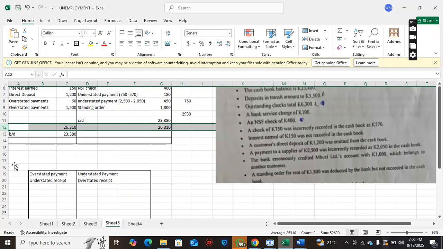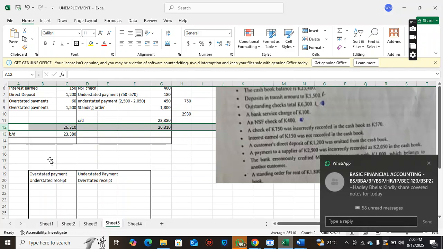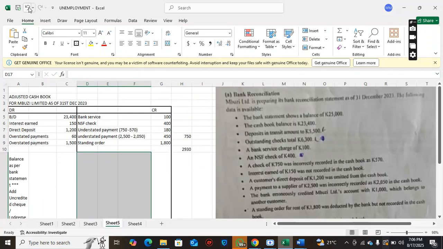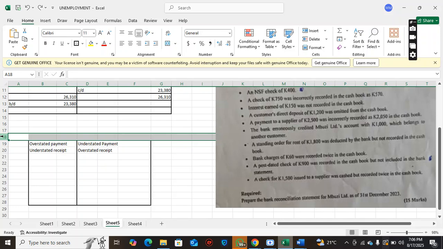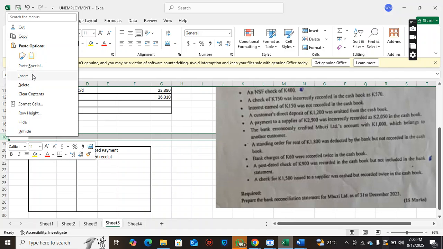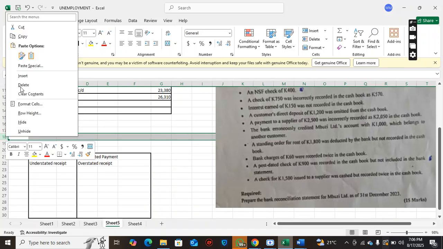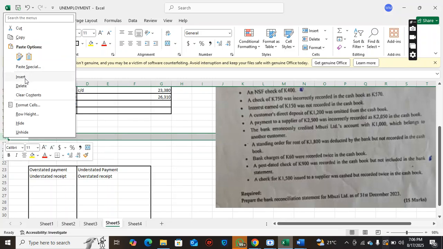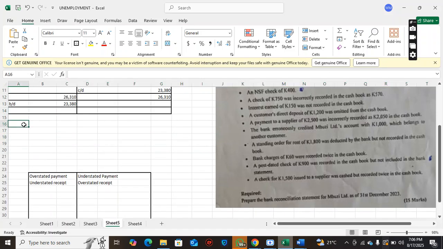So when you start with the balance per bank statement, yes, it's the balance as per bank statement.